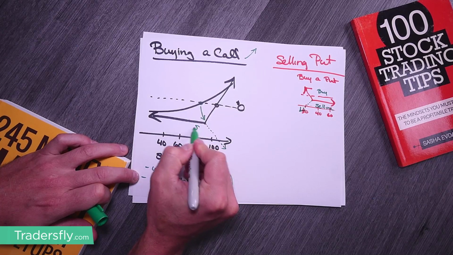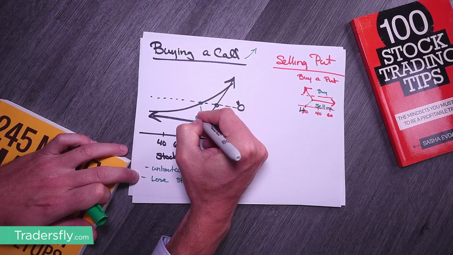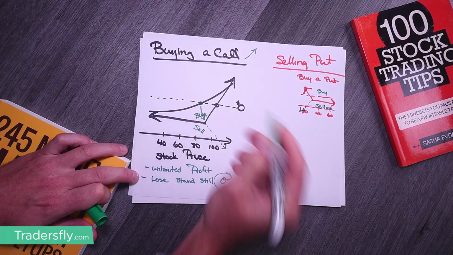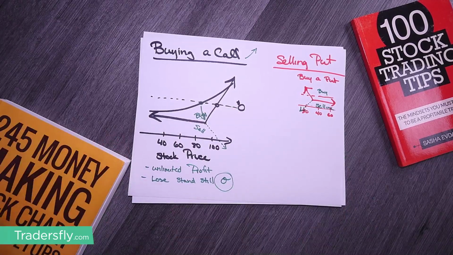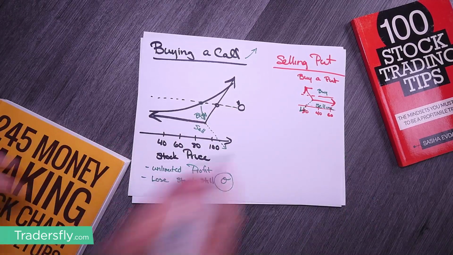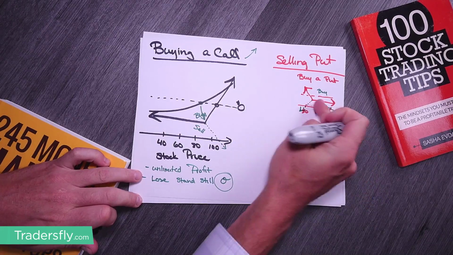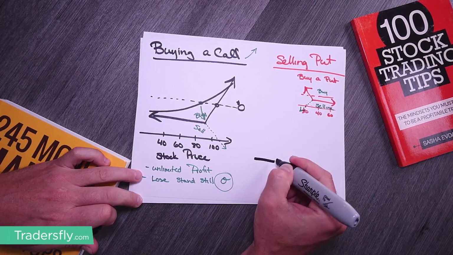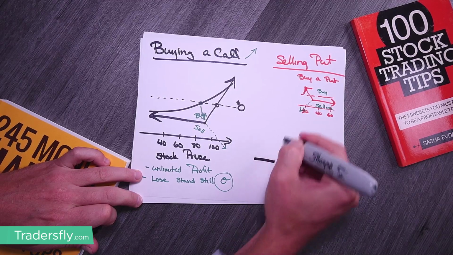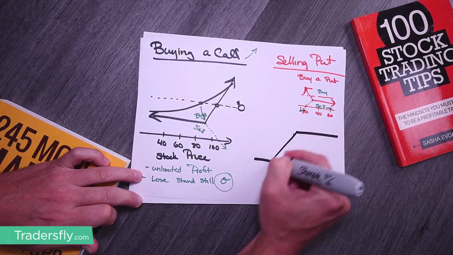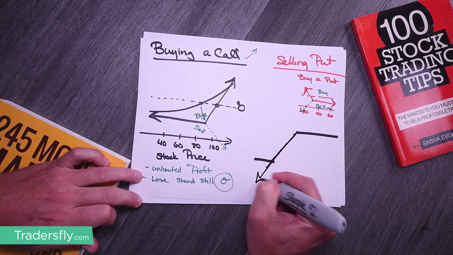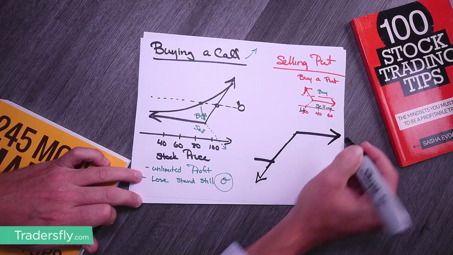So this is the selling call, and this is the buying call side. So what does selling a put look like? It's going to look like this.